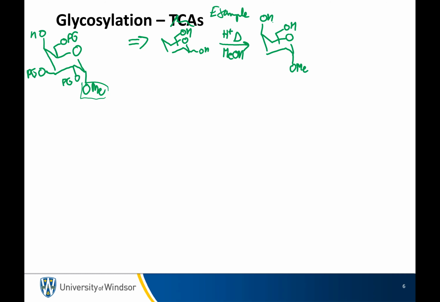If you want to look this up, again, we talked about this really early in the lecture. And what's happening here is you are protonating the anomeric OH. It then leaves as water. You make an oxocarbenium. Your alcohol comes in alpha because of the anomeric effect.